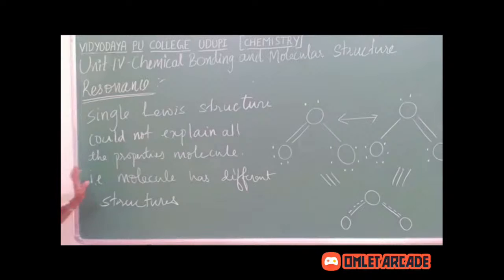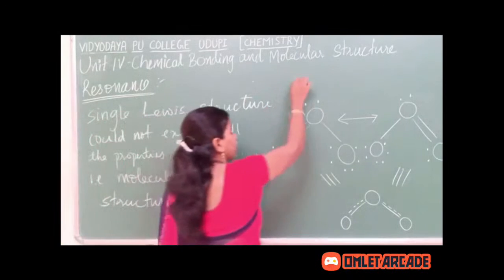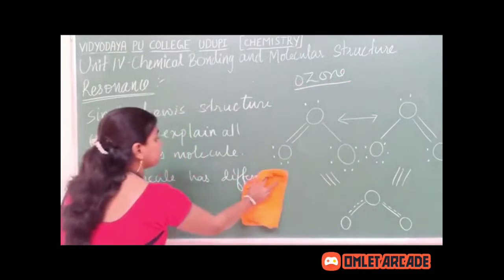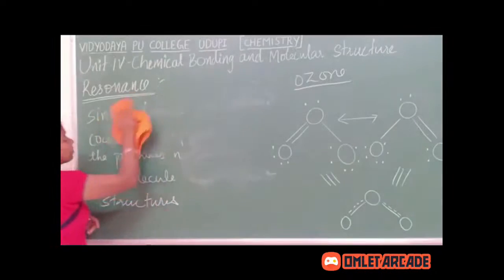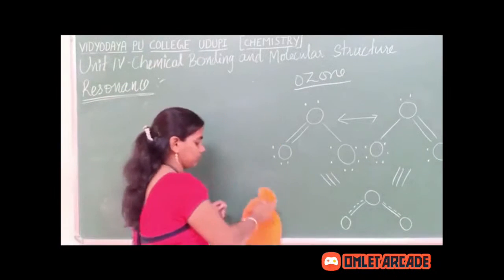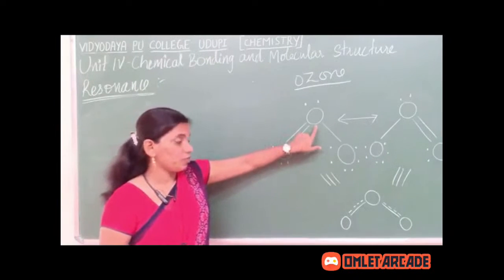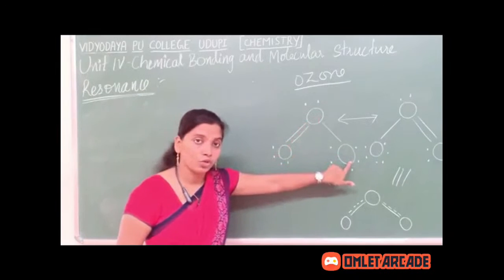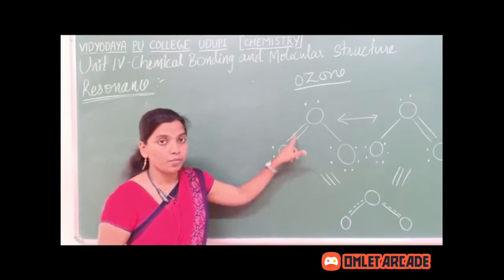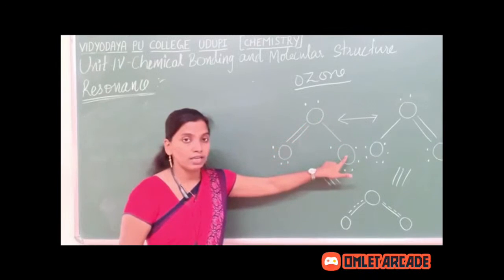For example, we will see ozone. This is the structure of the ozone molecule, O3, with three oxygen atoms. Here two oxygens are bonded by a double bond, and the other oxygen to oxygen is a single bond.